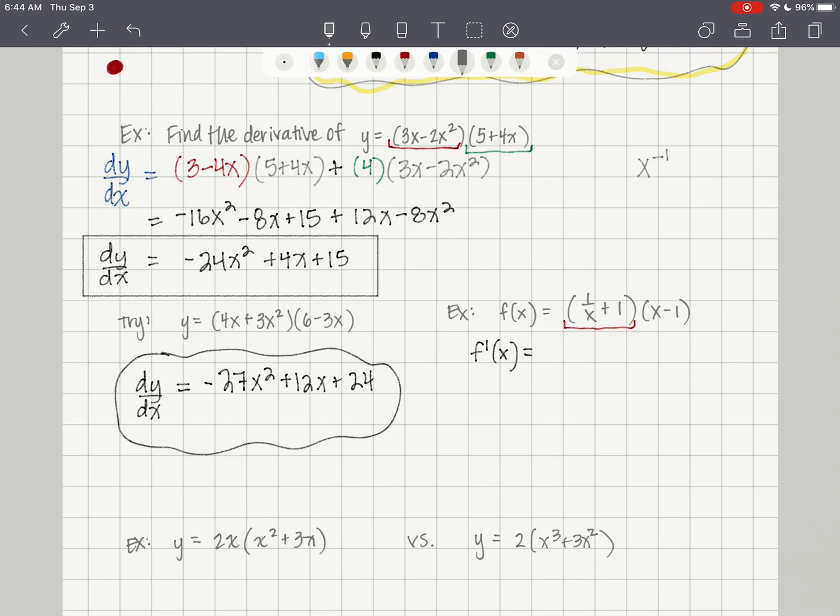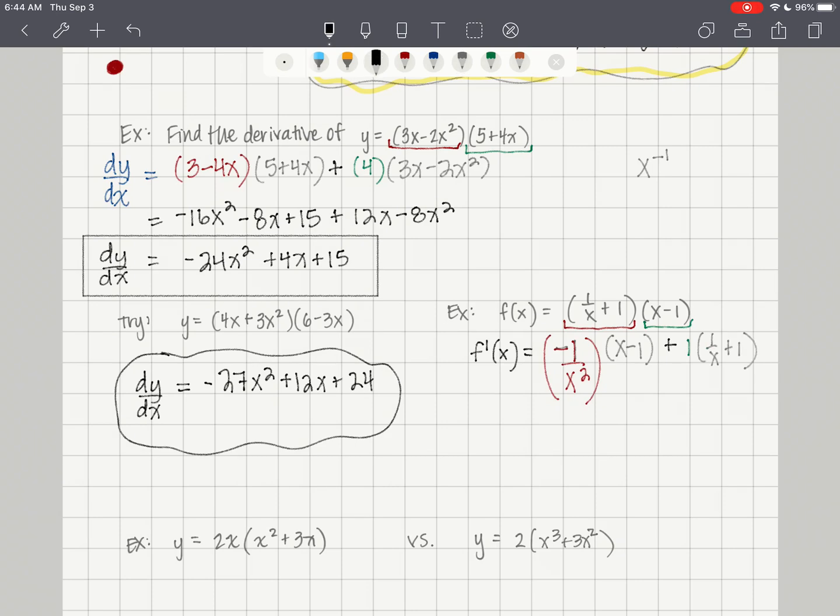So the derivative of the first is going to be negative 1 over x squared. And then that's times the second plus the derivative of the second, which is 1, times the first, which is 1 over x plus 1.